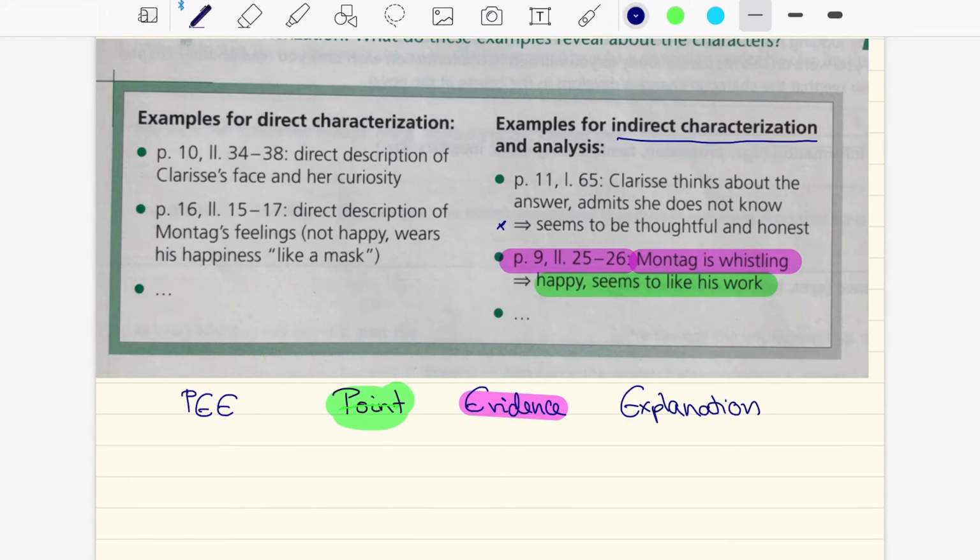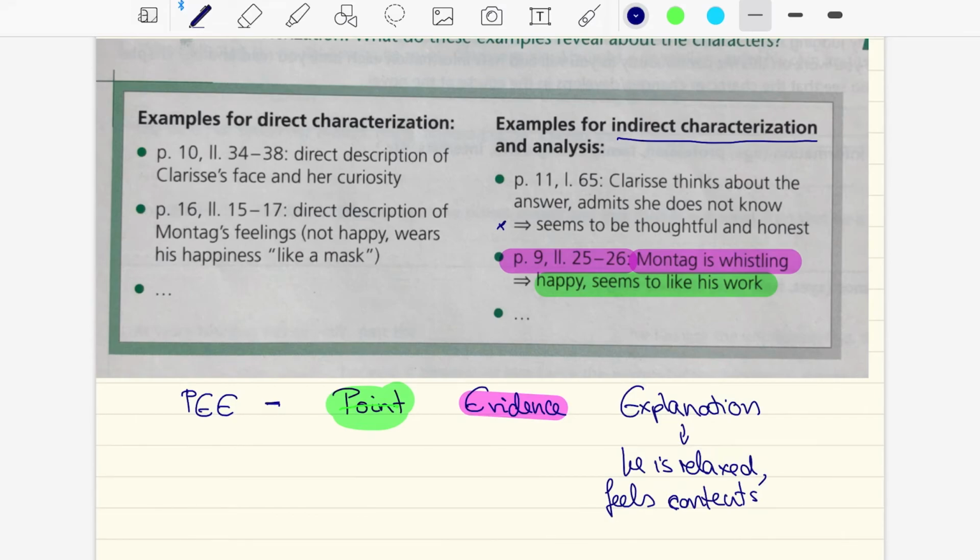You would have to explain why that means he is happy and seems to like his work, because you can see he's whistling, he's relaxed, he has his mind on other things, it's easy going for him, it's not hard work, and he's happy and content. This is exactly what is happening here as an analysis of point, evidence, explanation. Explanation: he's relaxed, feels content, and this is what the whistling shows.